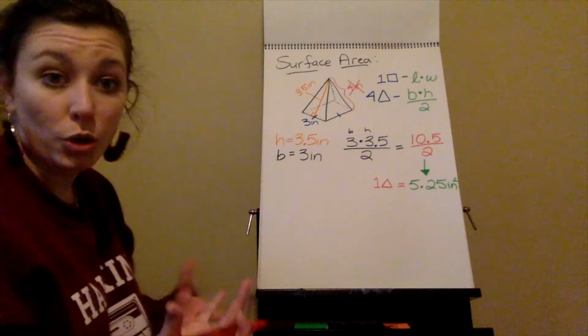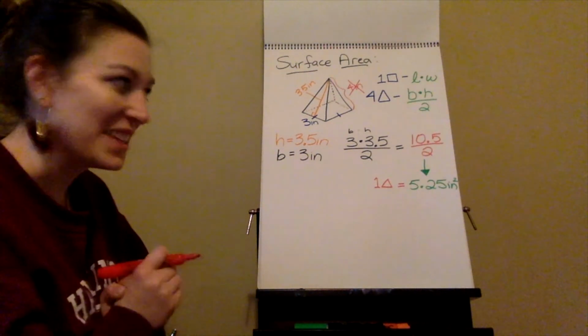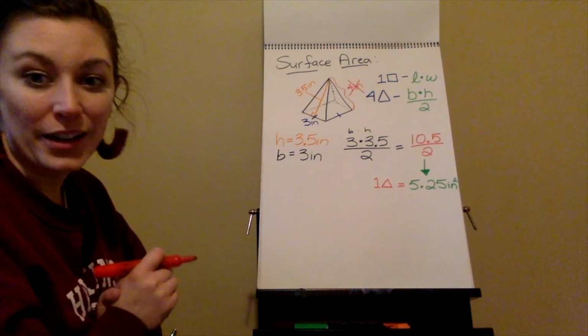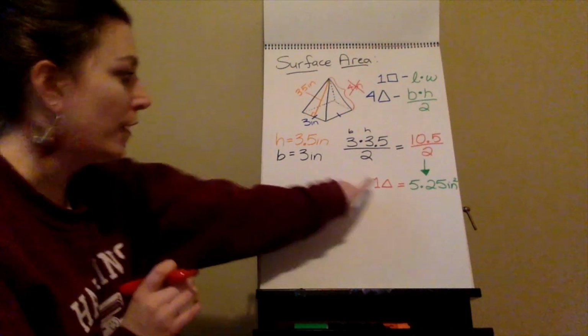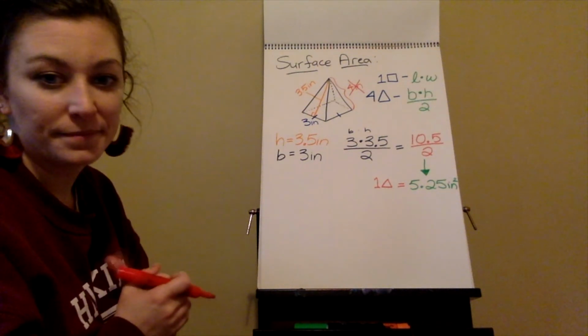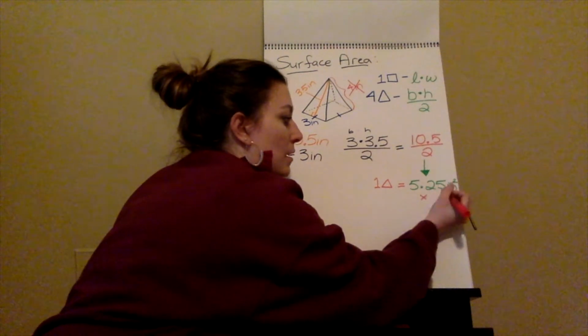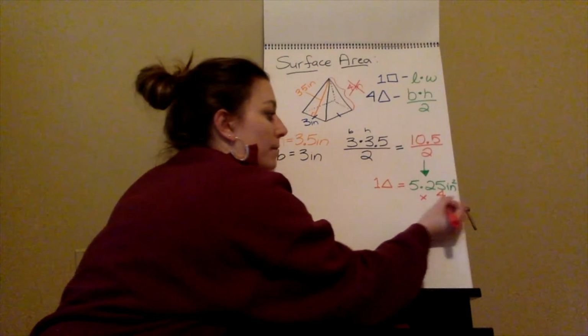Now, if we need 4 triangles, sorry, that's my dog whistling at the door. If we need 4 triangles, what should we do in order to find 4 of these? We are going to multiply it times 4. Good job.